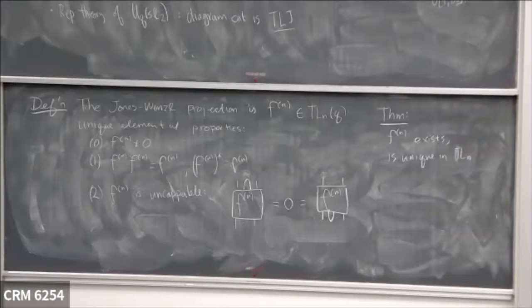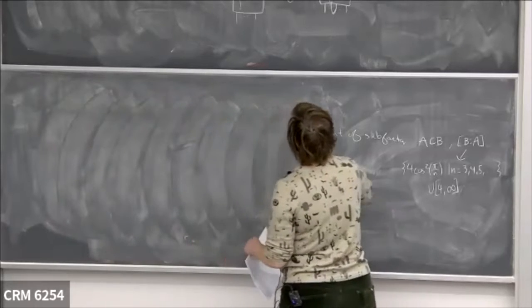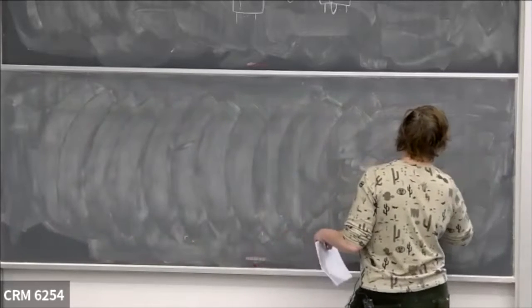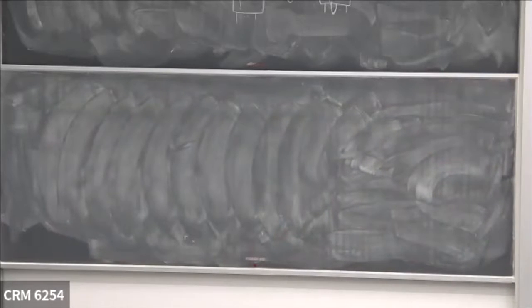If you're interested in them, talk to me afterwards, and I'd be very happy to tell you how that goes, because I did promise that we were going to connect up with categories. So I should do that. Oh, yeah, but I should have said that this gives us a complete classification of the projections in TL_n, and therefore the simple summands. Okay, so the representation theory for q more than one is completely deducible based on these creatures.